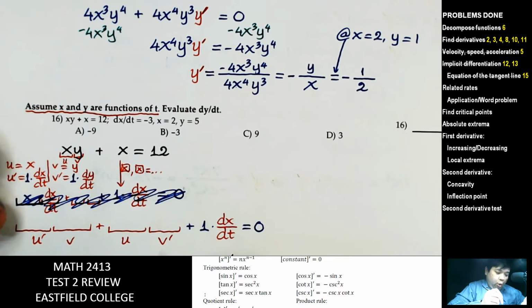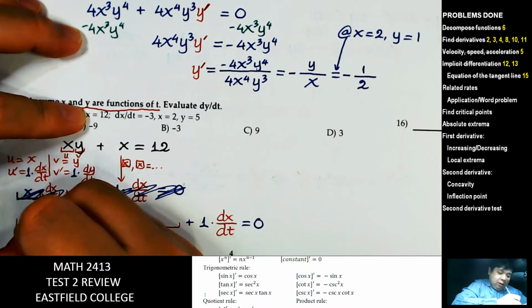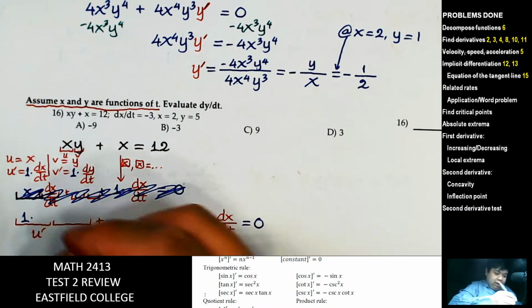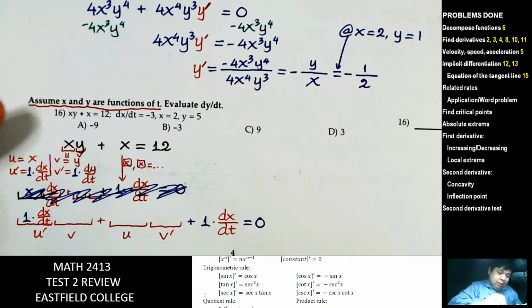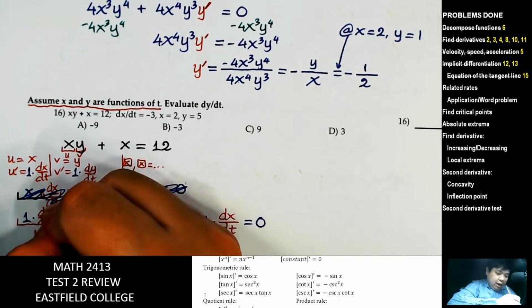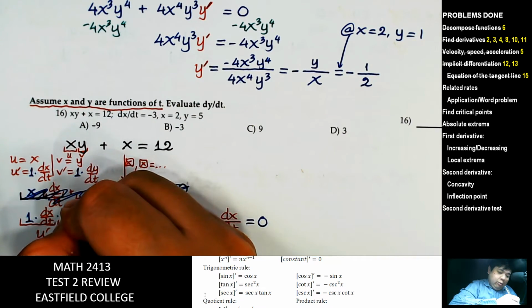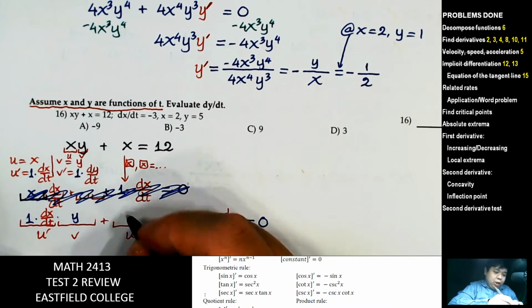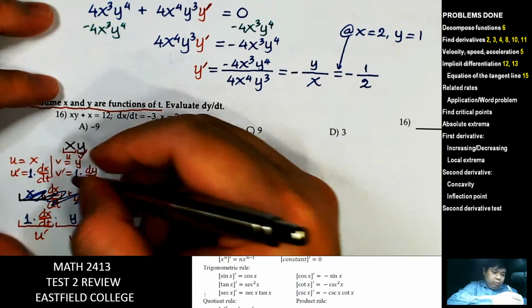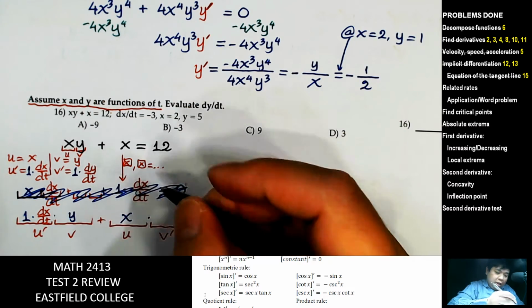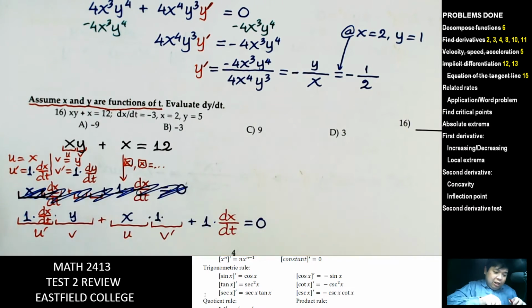Right, u prime 1 dx over dt times v will be y plus u is x, v prime be 1 dy over dt.